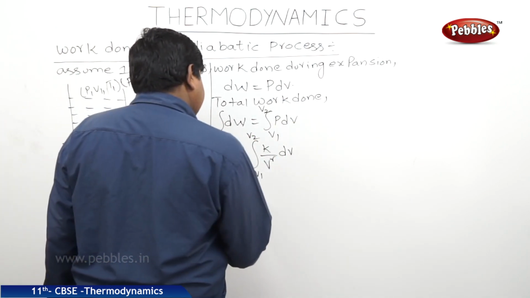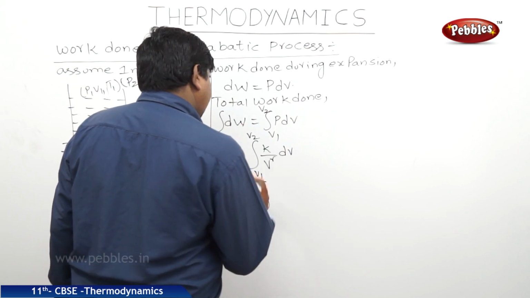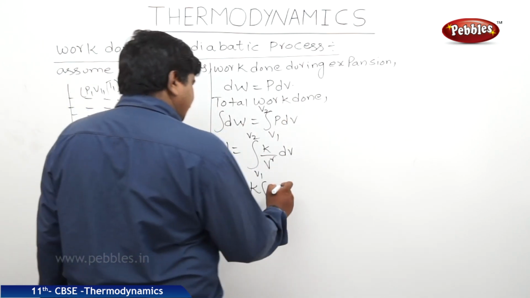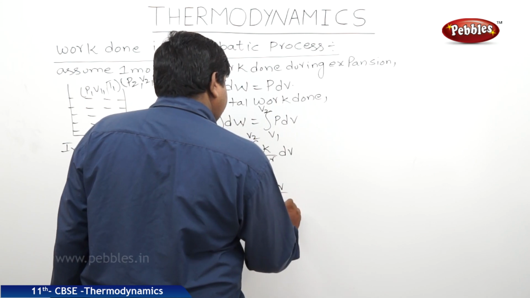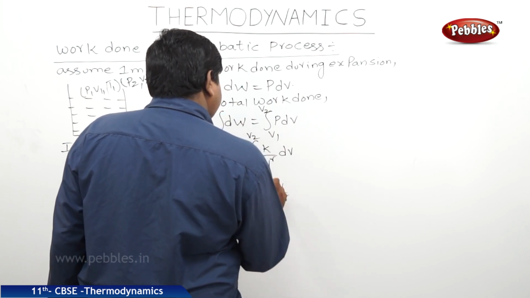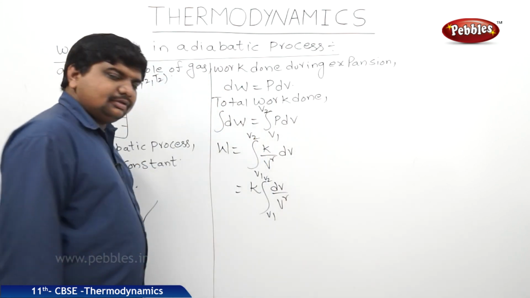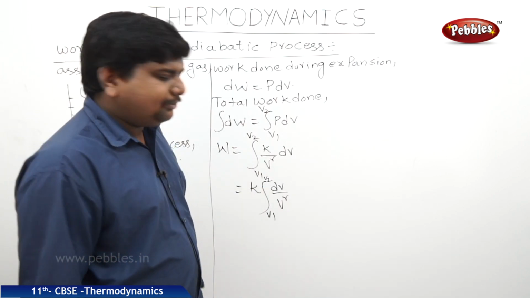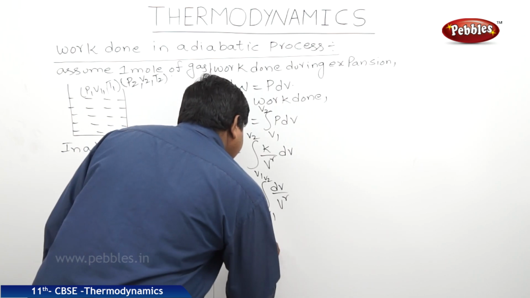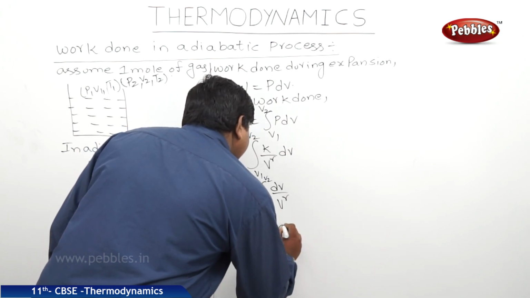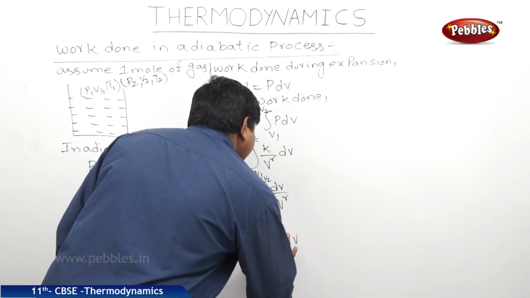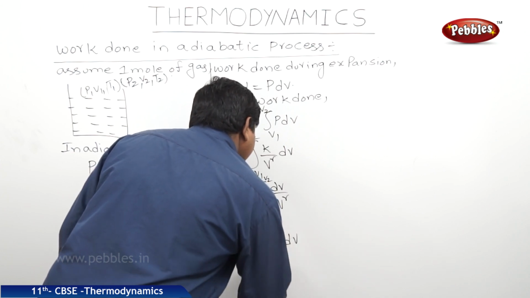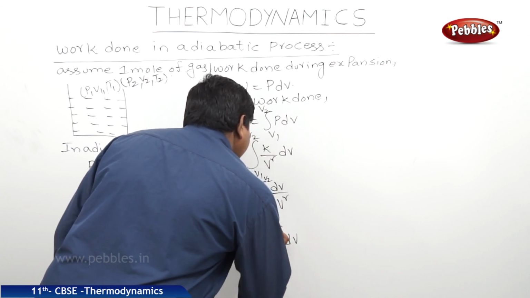Therefore K we write outside as a constant, and dV by V power gamma from the limits V1 to V2. 1 by V power gamma is nothing but V power minus gamma. Therefore it is K into integral V power minus gamma dV from the limits V1 to V2.